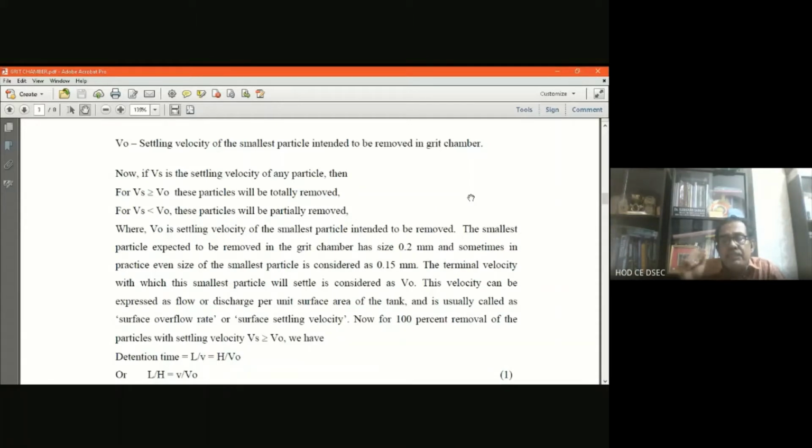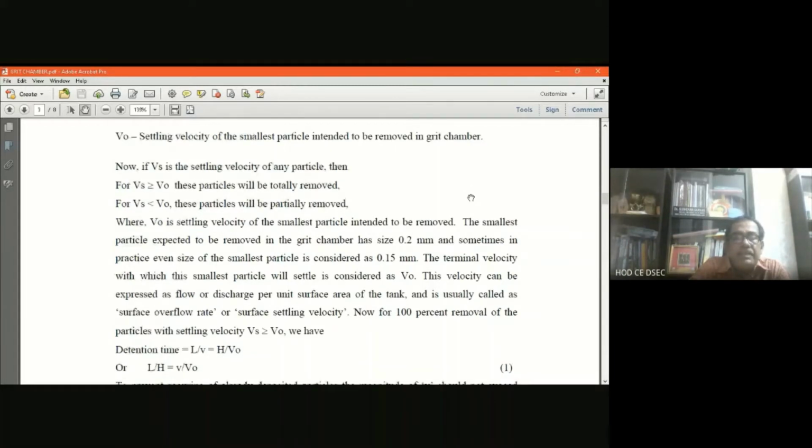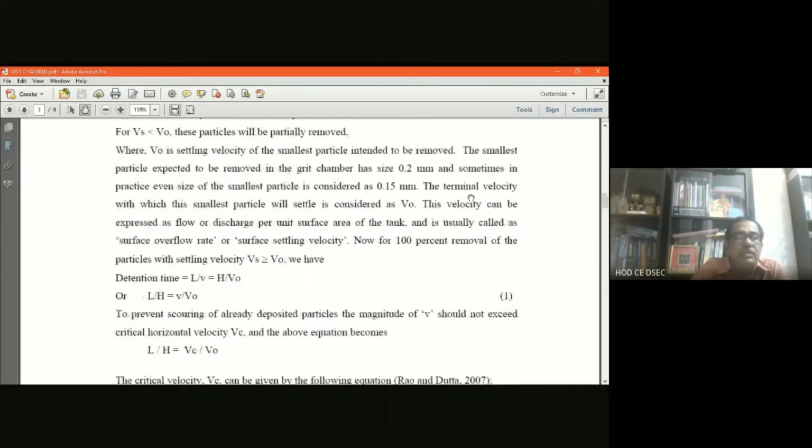The terminal velocity with which that smallest particle will settle is considered as V0. So 100% removal will take place if Vs is greater than or equal to V0.